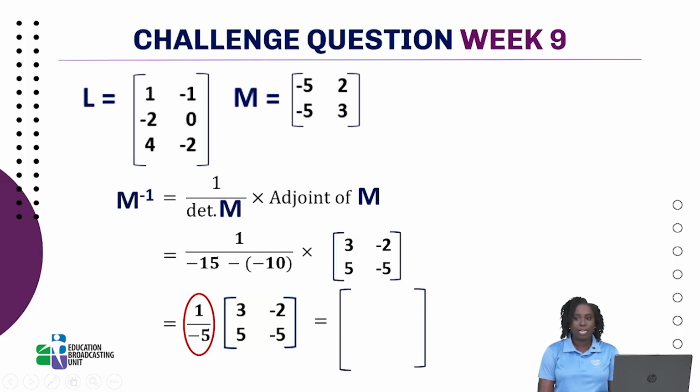So negative 1/5 times 3, negative 1/5 times negative 2, negative 1/5 times 5, and negative 1/5 times negative 5.